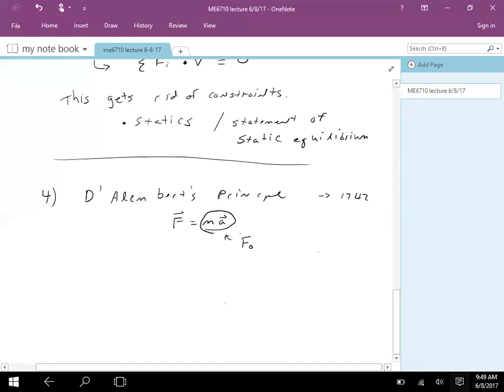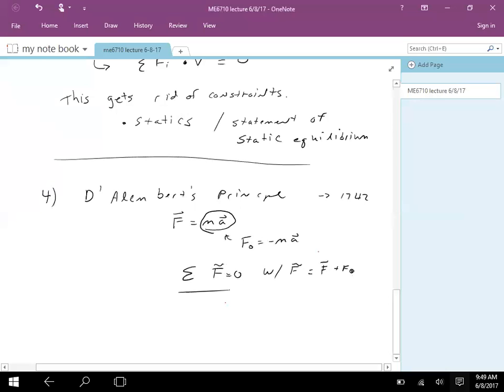So let F0 equal this ma, or actually let F0 equal negative ma. And if I do that, I can then say the sum of all my forces, let me call them all my F tilde, with F tilde equal to my F plus my F0, equals 0.